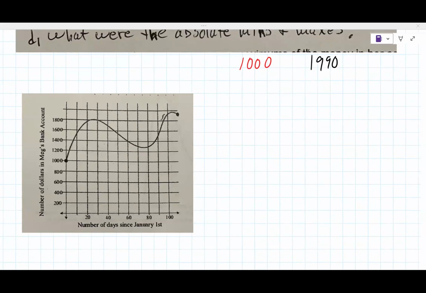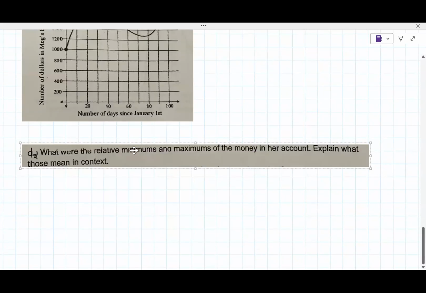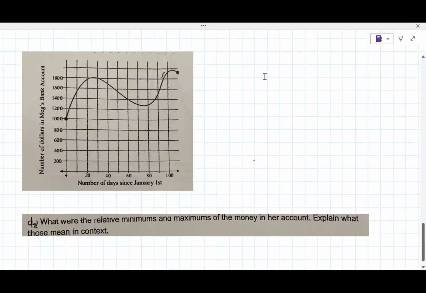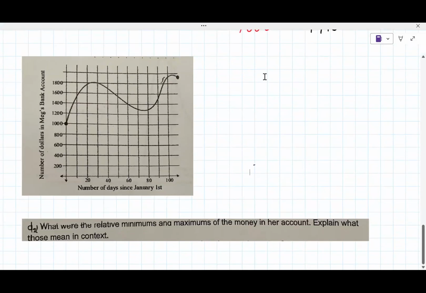All right, go ahead and read that for us, please. What were the relative minimums and maximums of money in her account? Explain what those mean in context. Okay, so relative minimum and relative maximum.